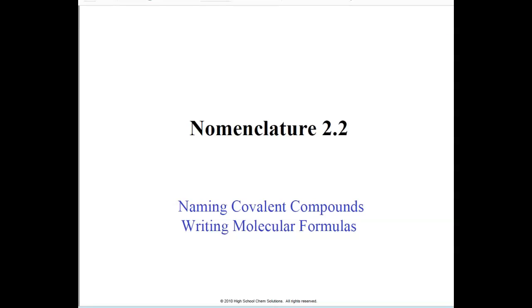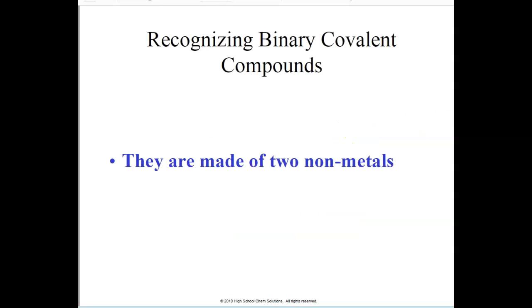Whereas ionic compounds form due to the electrostatic attraction of cations and anions, covalent compounds, or molecular compounds, form from elements sharing electrons. They share electrons between each other and form bonds. We're going to study the nature of covalent bonds in much detail as we move through the marking periods. But for right now, let's just talk about naming them because it's pretty straightforward.